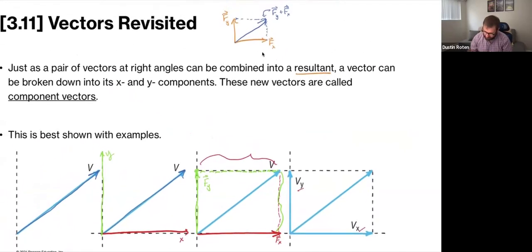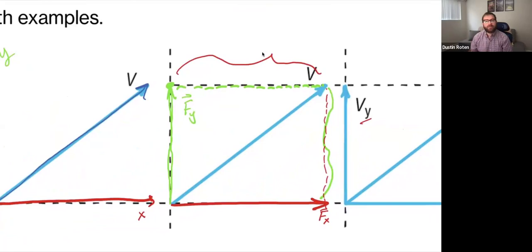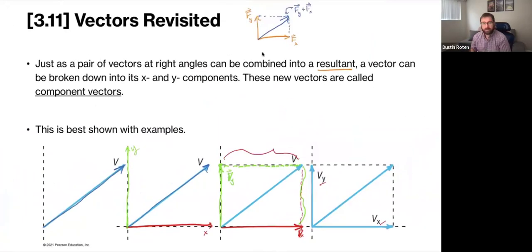Yeah, I guess good practice would be to make sure you're using the same letter. We've been talking about forces, so I was just in the habit of using F, but we could put a v here and a v here. All right, so you'll see that we started with one vector over here on the left and broke this down and wound up with two vectors here.